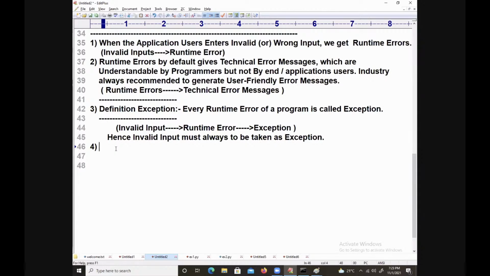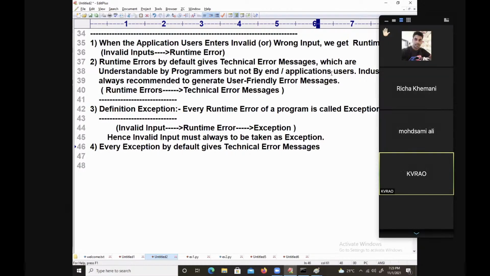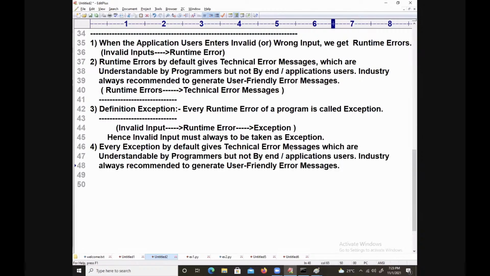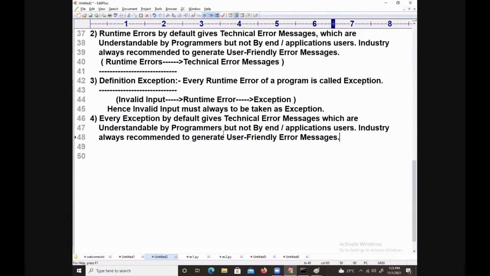So hence I am saying every exception always gives which message? Every exception by default gives which message? Technical error message. And that I already told you. Once again, these are messages understandable by programmers but not understandable by end users.